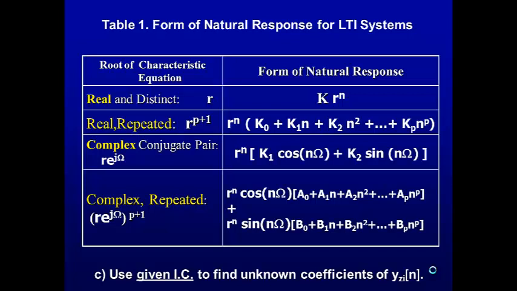Since I'm finding the zero input response, which is the response to the initial condition, I'm going to use the bona fide, real, honest-to-goodness initial conditions to solve for this unknown coefficient. So what was our initial condition? y of minus 1 was plus 2. So I plug in n equals minus 1 here, and equate these.